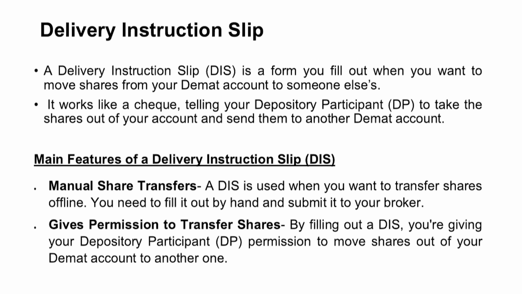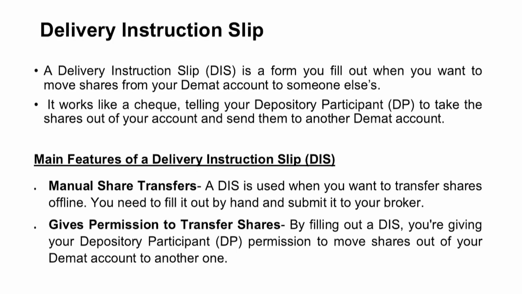For transferring shares from one demat account to another in an offline form, you need to fill the delivery instruction slip, with the help of which you can direct your depository participant to transfer the share certificates from your demat account to the other's demat account.